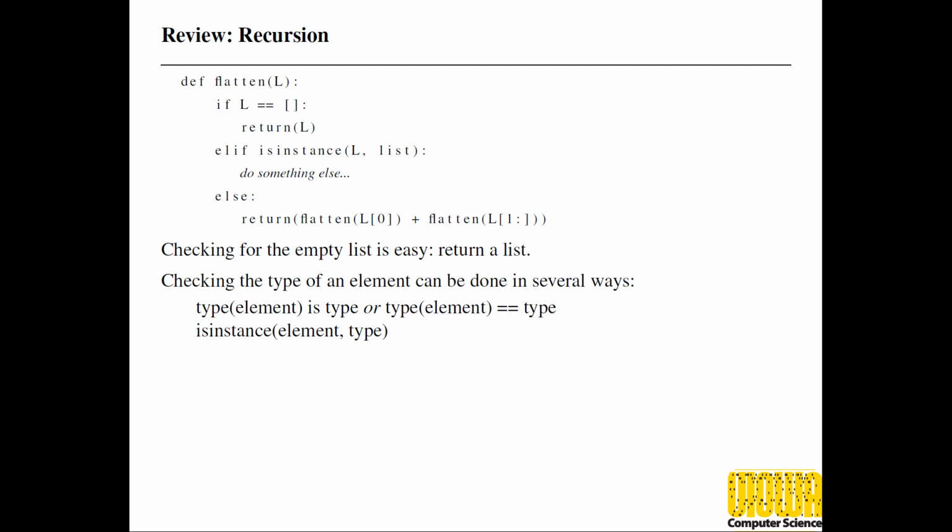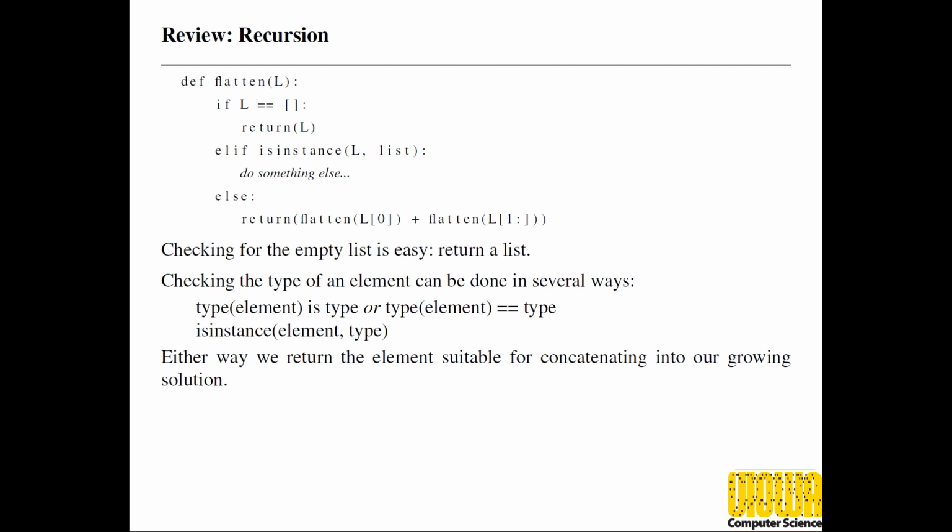So, what happens if L is not a list? What should I do? Well, the answer is, I want to return whatever I had as L, let's assume it's an integer, in a way that I can add it or concatenate it to other parts of my growing structure. Since I'm putting together a list, returning the integer and trying to concatenate the integer with a list is going to break.